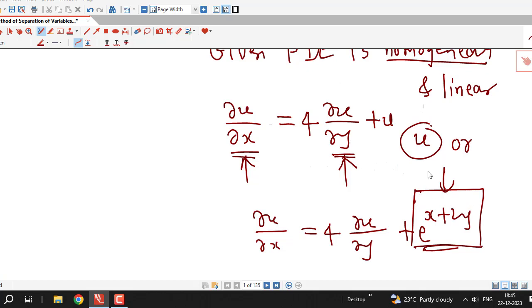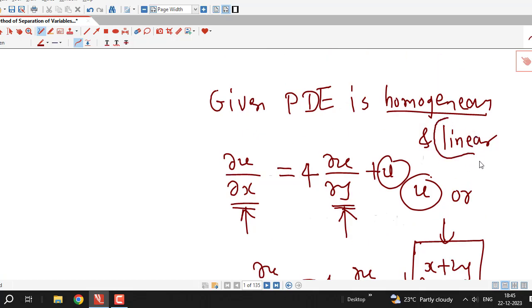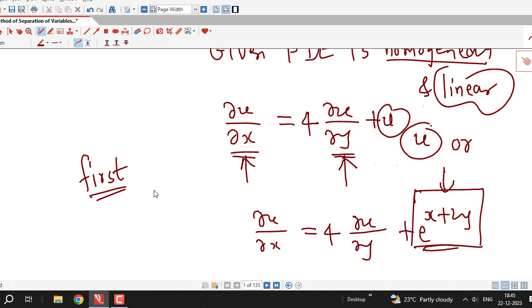So a PDE is homogeneous if each of its terms contains either the dependent variable or its derivatives, and linear means the dependent variable and its derivatives are in the first degree only and they are not multiplied together.